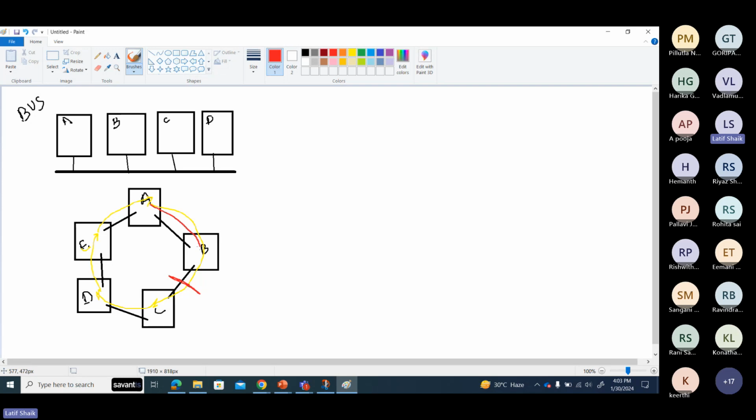A to B communication is there, but A and B cannot communicate with C, D, and E. But C, D, E can communicate with A and B. Another one is if a device is down, same problem. Further communication, meaning one way of communication, will stop. So that is another fault in this ring topology.